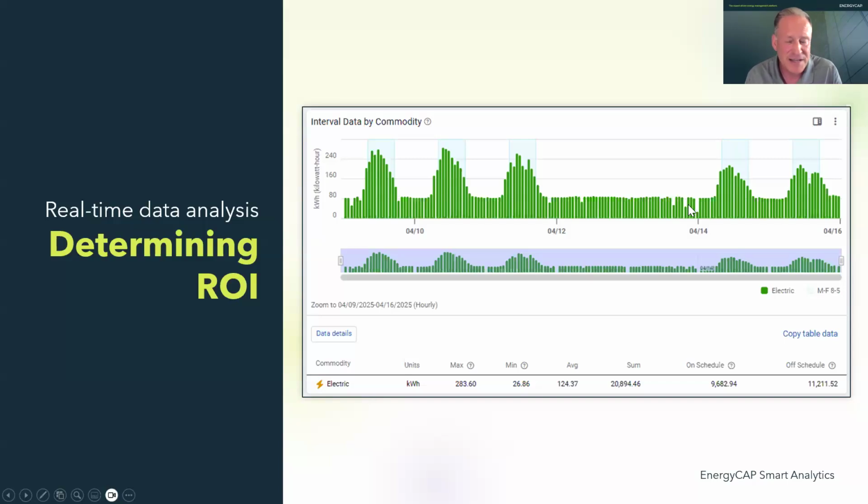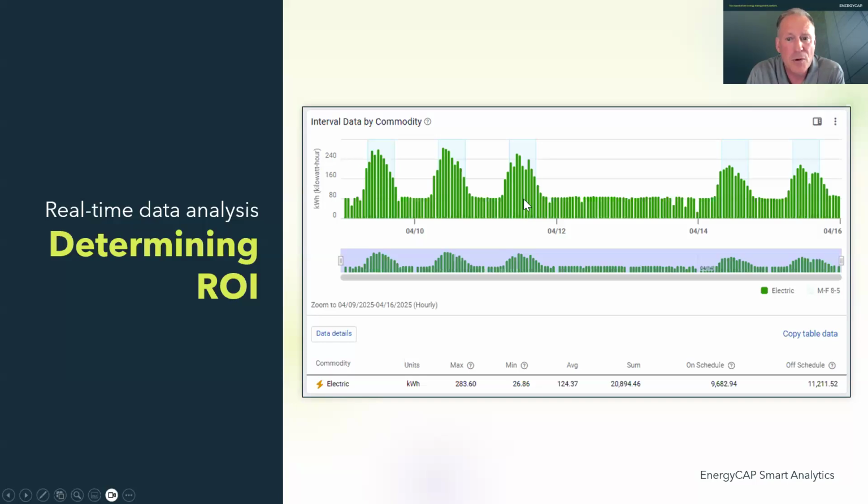And you might say, well, Tom, I see that. What's the value? Well, when you look at the data this way, and you look at how much energy is being used during the time that it's scheduled, and how much energy is being used off schedule, it once again allows you to calculate and determine the value of keeping the building in an unoccupied mode.